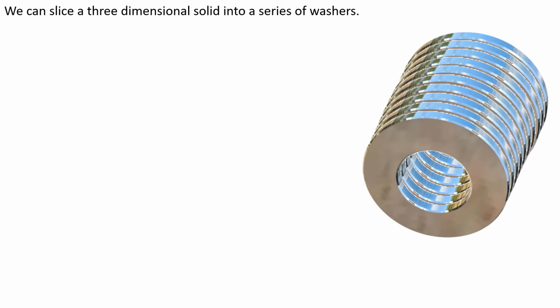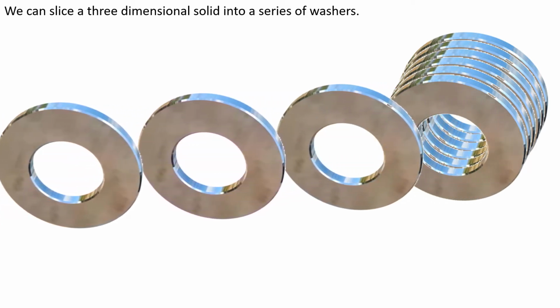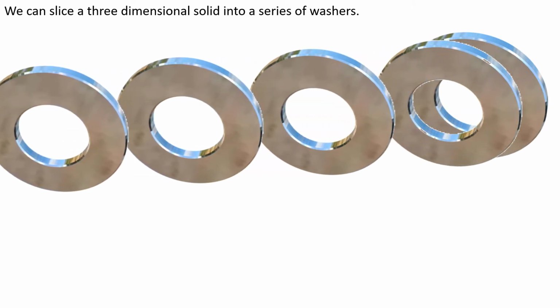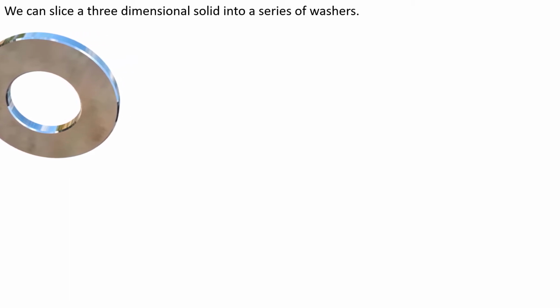And of course, if I've got some sort of three-dimensional object, instead of slicing this into rectangles or slicing it into circles, we're just going to slice it into a bunch of washers. And of course, if I can find the volume of one of these washers, and find the volume of the next washer, and then find the volume of the next washer, etc., add them all up. Right? So when we do our integration, again, that pi can factor all the way out in front.